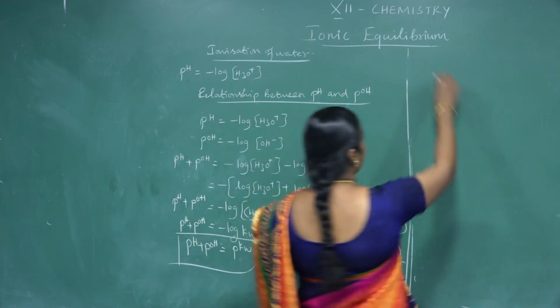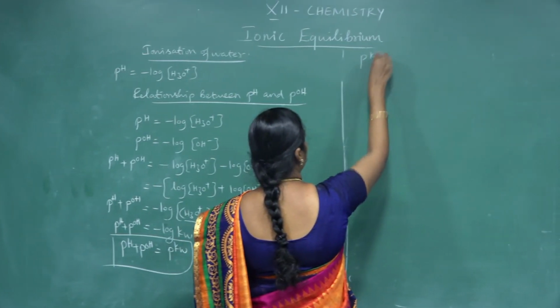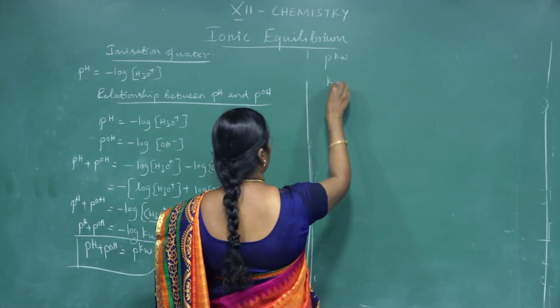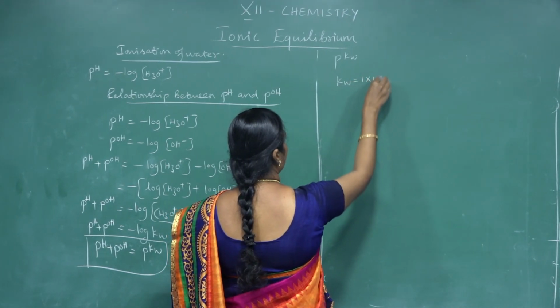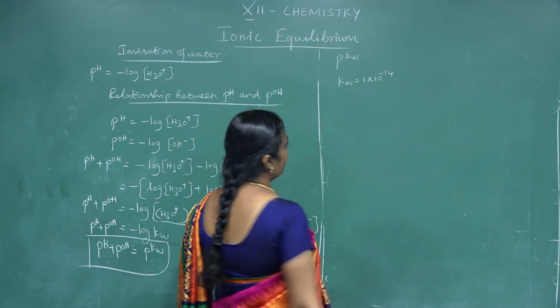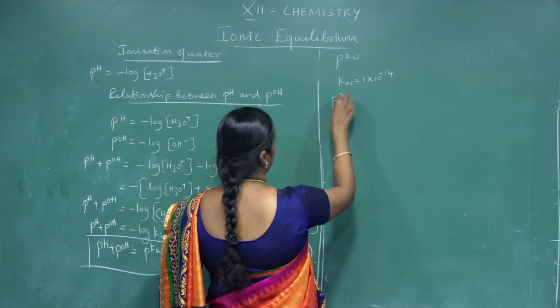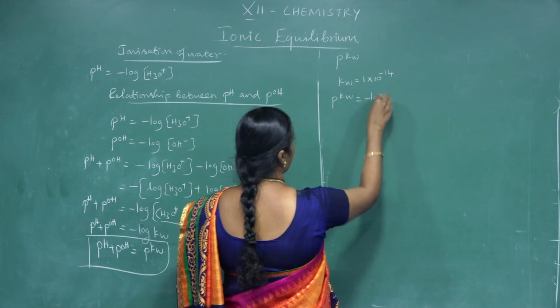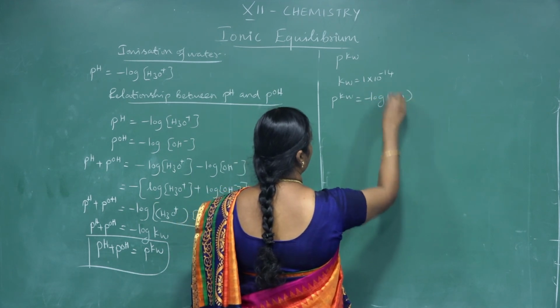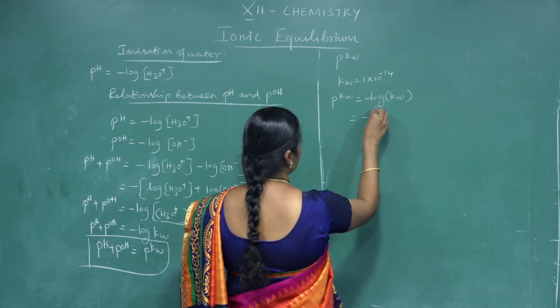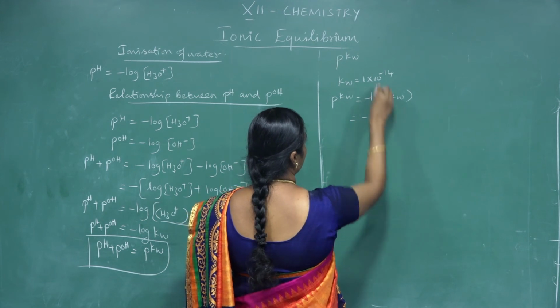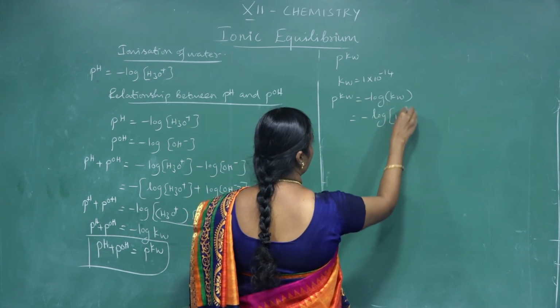So here we are going to find out what pKw is. We know that Kw is equal to 1 into 10 power minus 14. So pKw is equal to minus of log of Kw. Take the minus outside, log Kw value is 10 power minus 14.